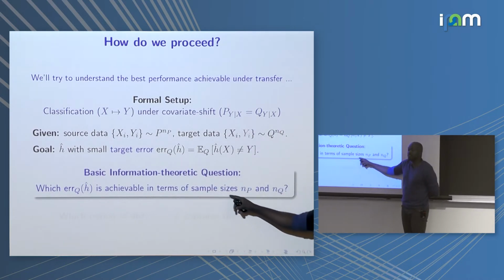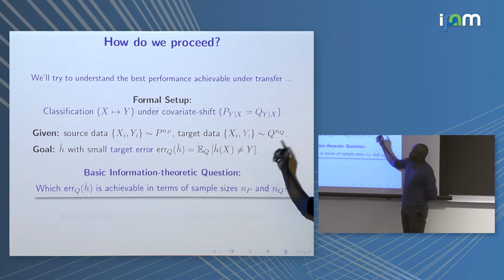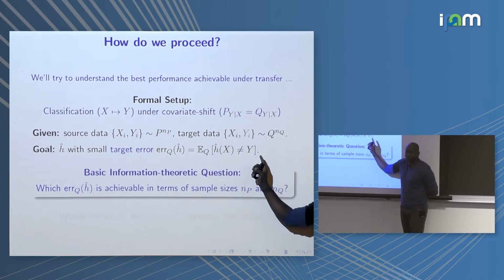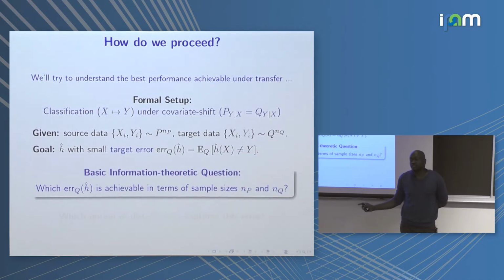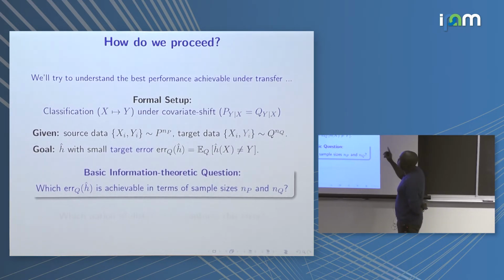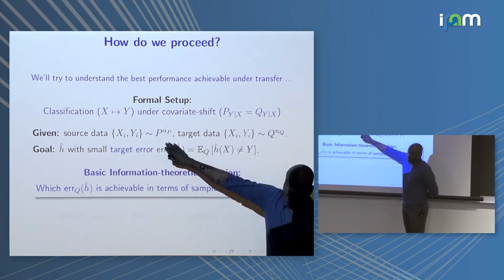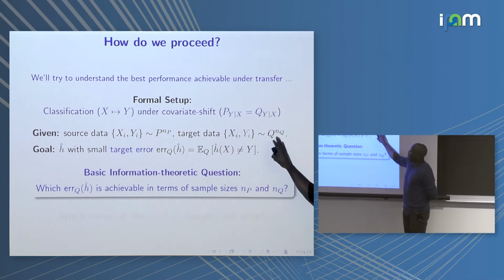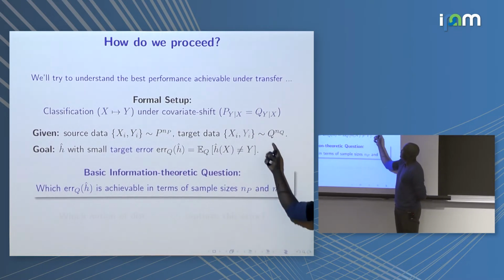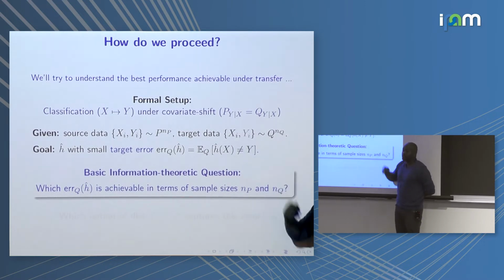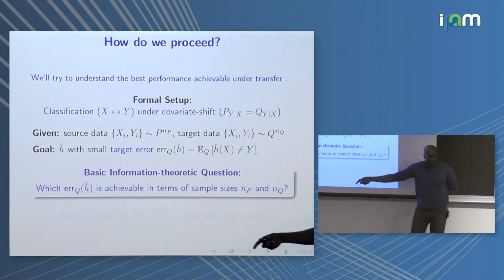So we want to understand the minimax rate here in terms of not just one sample size, but in terms of both sample sizes. Here I have to say that a lot of the theoretical work so far had only assumed one sample, and the other sample, N_Q, was assumed to be 0. And because of that, they could not capture the benefit of sampling more from the target distribution, okay?